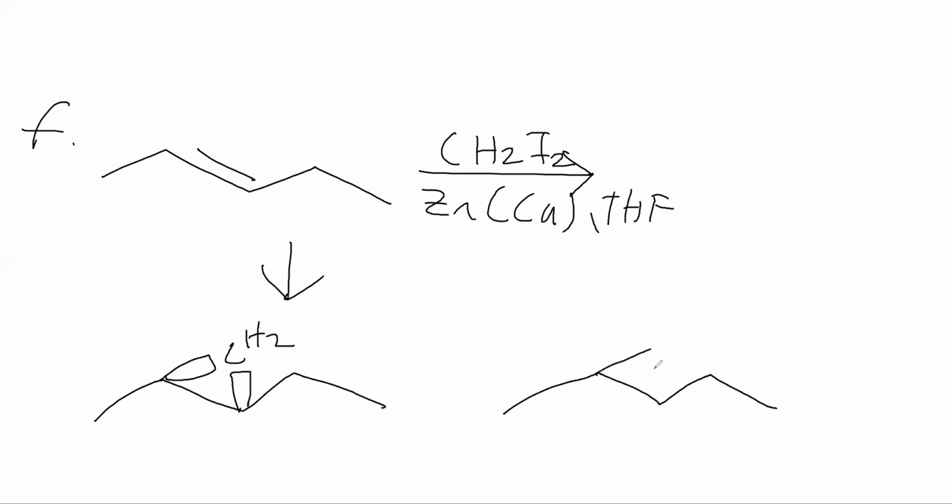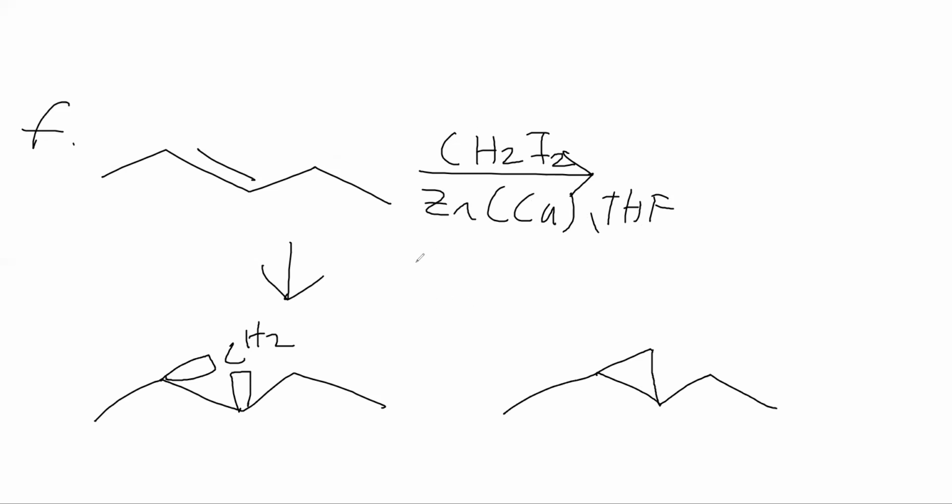Or you could probably just do it like this. It's just a triangle forming where the double bond was. That's a cyclopropane. So CH2I2 over zinc-copper and an ether solvent gives you a cyclopropane.